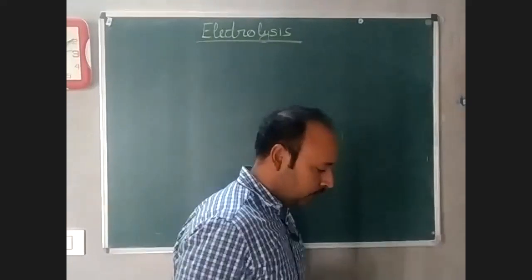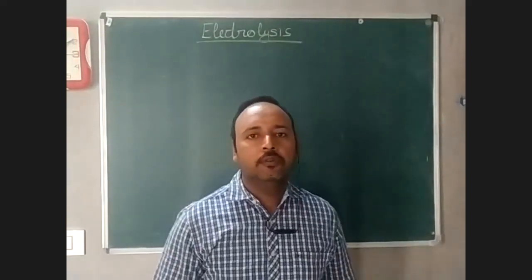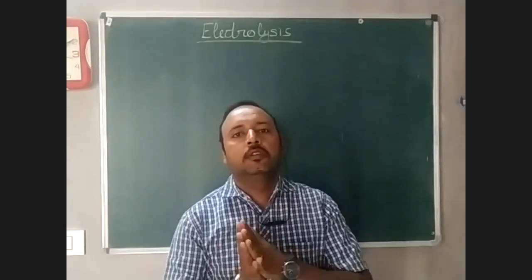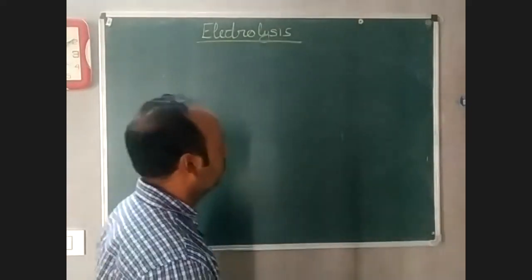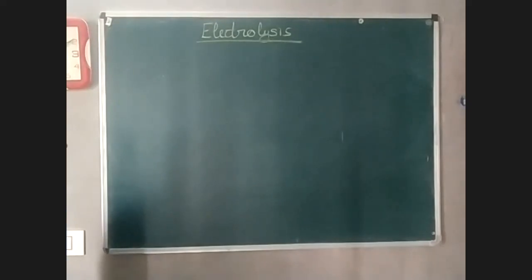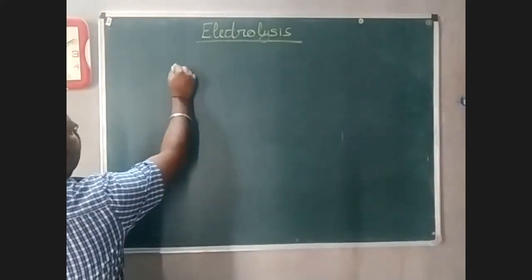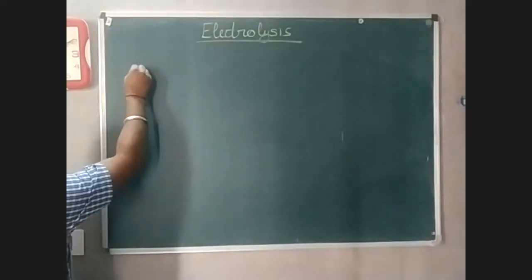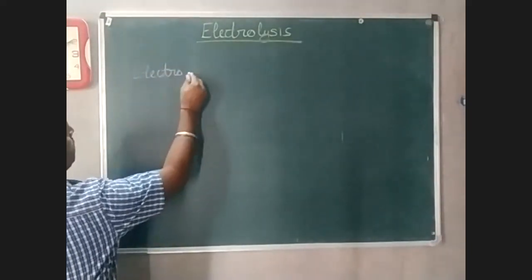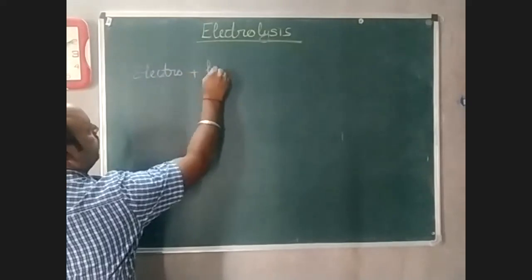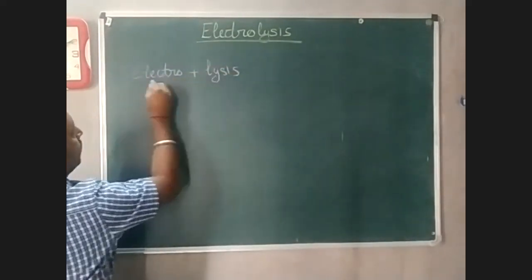So today we are going to discuss electrolysis, a very important term of chapter 14, chemical effects of current. Electrolysis is a combination of two words, electro plus lysis.